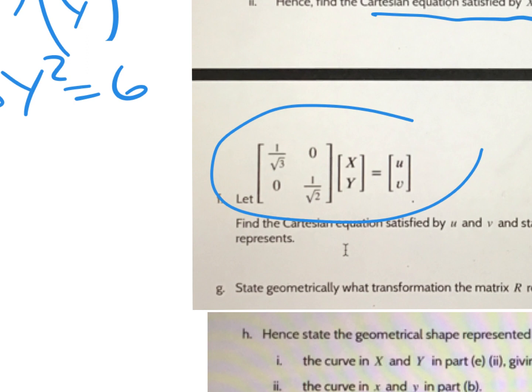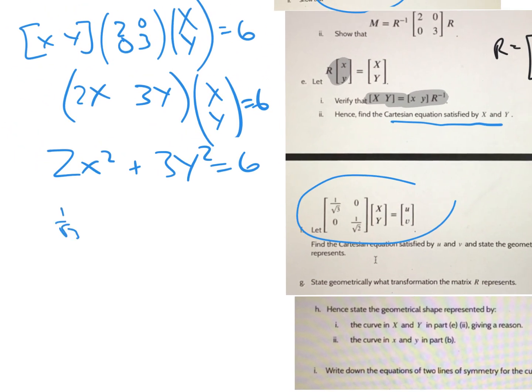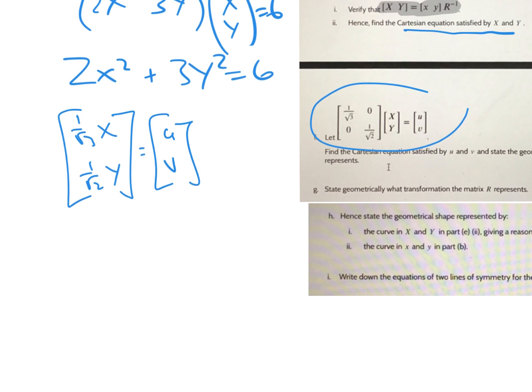So now when we go to this here, if I multiply this, I can say that this multiplies to 1 over root 3 capital X and 1 over root 2 capital Y is equal to UV, which means that these are the same and those are the same. And so I can say big X is equal to square root 3 times U, and big Y is equal to square root 2 times V just by doing multiplication.